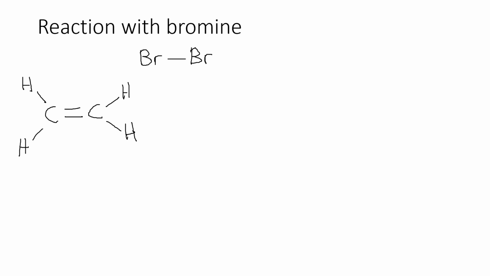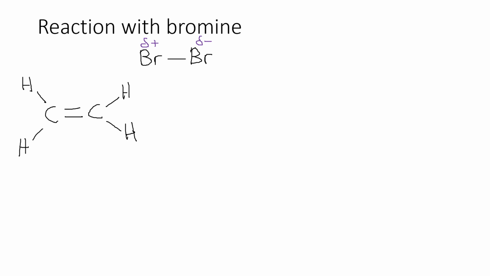Now it's worth noting that as the bromine molecule approaches the pi bond in ethene, the electrons in the bromine molecule become polarized, so it pushes electrons towards one of the bromines. That makes this bromine here delta negative because the electrons move that way, and this bromine becomes delta positive. So we create what we call an induced dipole, which is a dipole that's kind of made by the repulsion of the electrons.